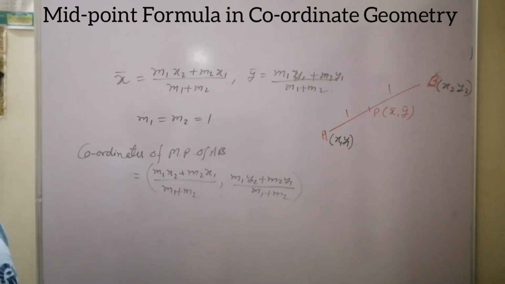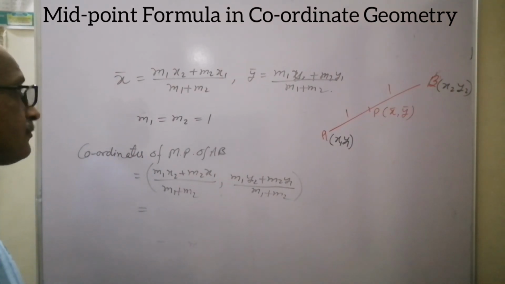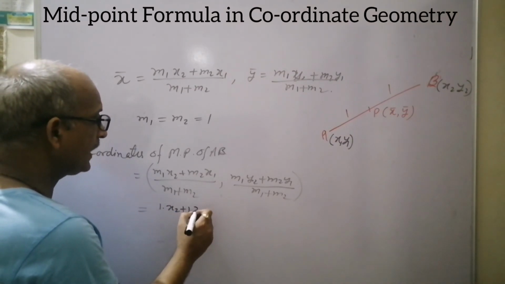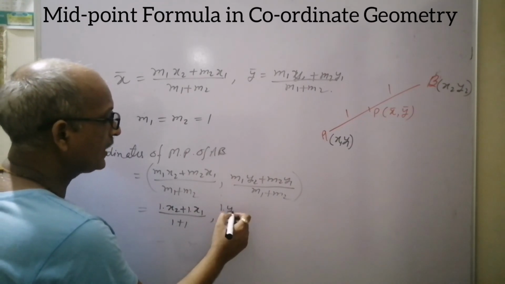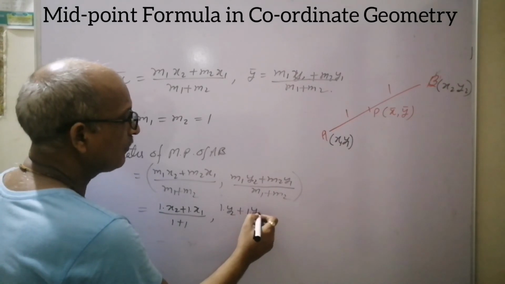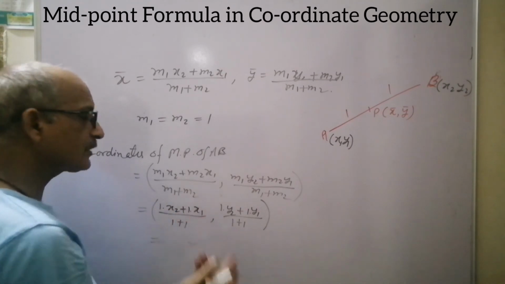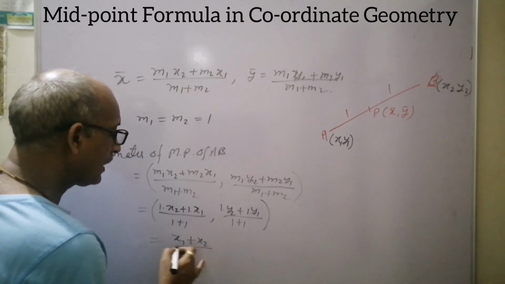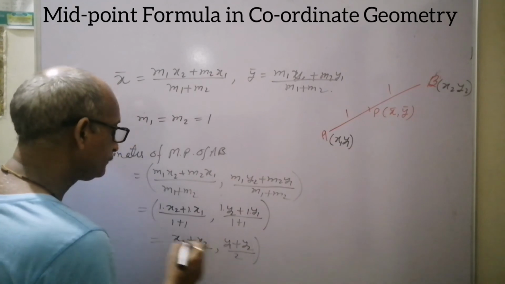Now coming to the point: m1 is 1, so 1 into x2 plus 1 into x1 upon 1 plus 1, comma 1 into y2 plus 1 into y1 upon 1 plus 1. So 1 into x2 is x2 only. So this is (x1 plus x2 upon 2, comma y1 plus y2 upon 2).